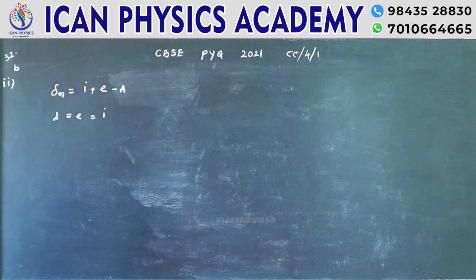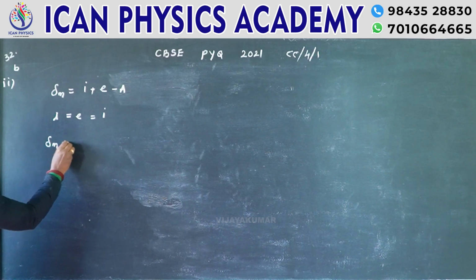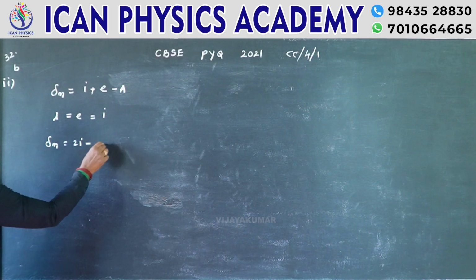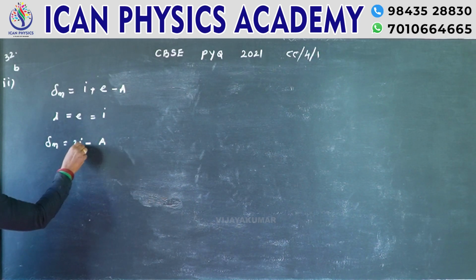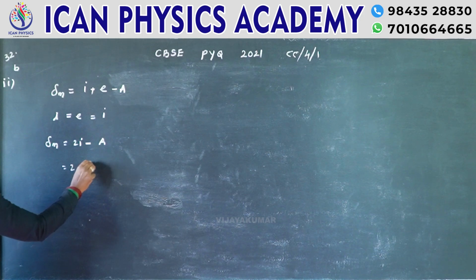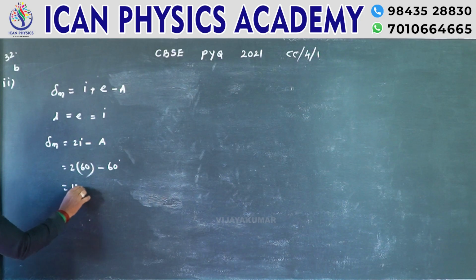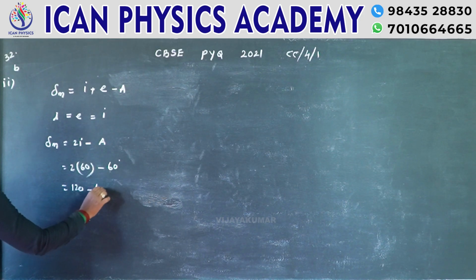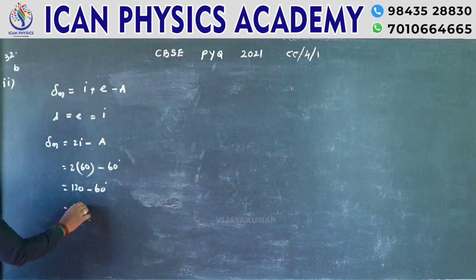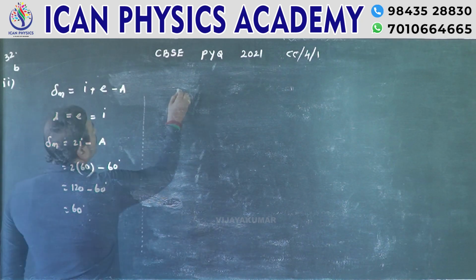So 2I minus A. Okay. So del m equal to 2I minus A. So what is the angle of incidence? 60 degree. Okay. Minus what is the angle of the prism? 60 degree. So 2 into 60, 120 minus 60. So 60 degree is our answer.